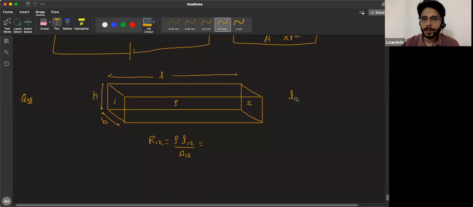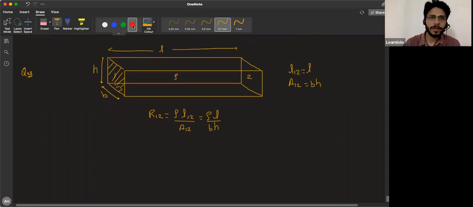So here L12 is L. And A12 means the area of the ends, the area of this end. How much is the area of this end? One side is B, another is H, so area is BH. So resistance is rho L over BH.